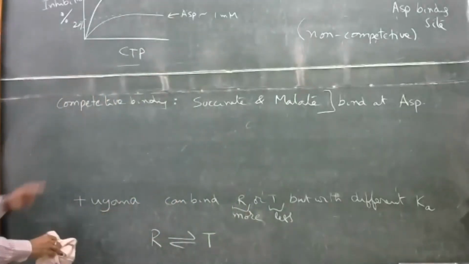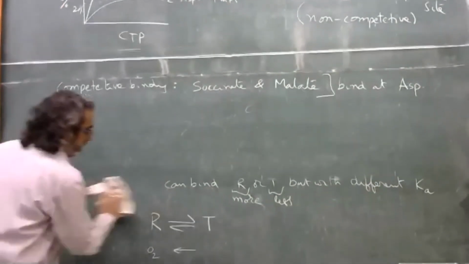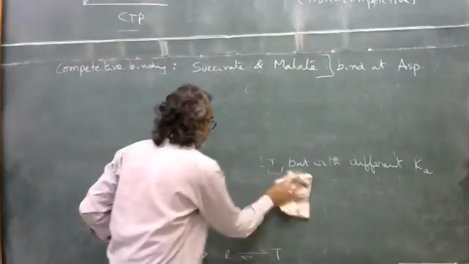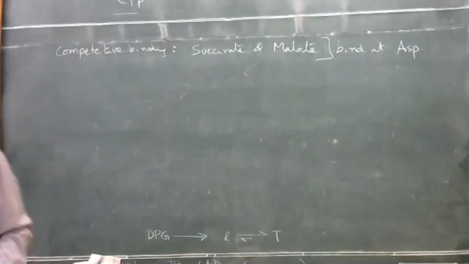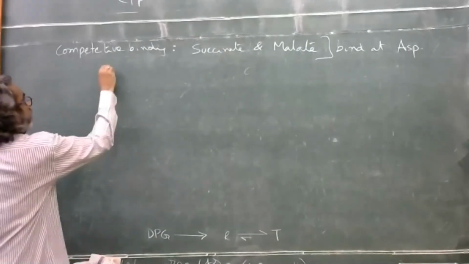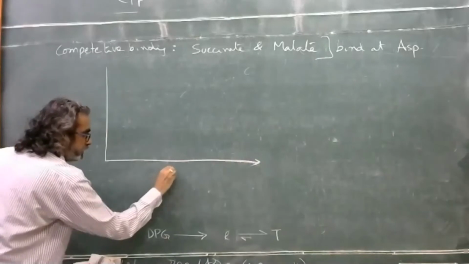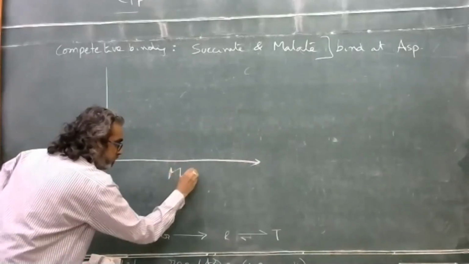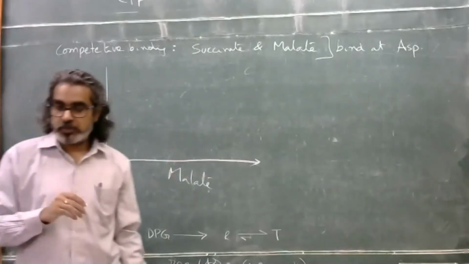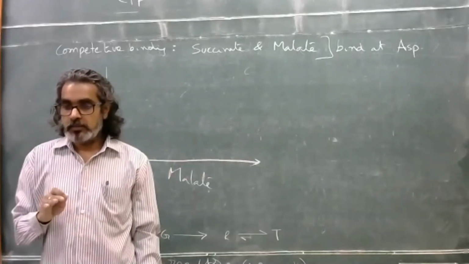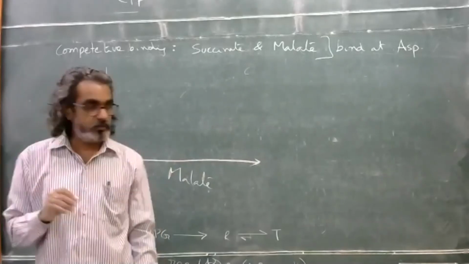So let's see what happens if you do the same analysis we did with the inhibitor CTP. How do these experiments look? One very interesting observation from the experiment: as you increase malate, but mind you, malate is not a natural substrate, meaning it doesn't give the same product as carbamoyl aspartate.